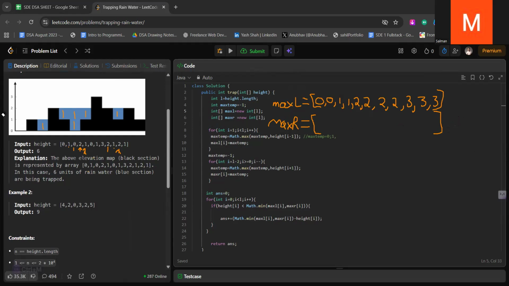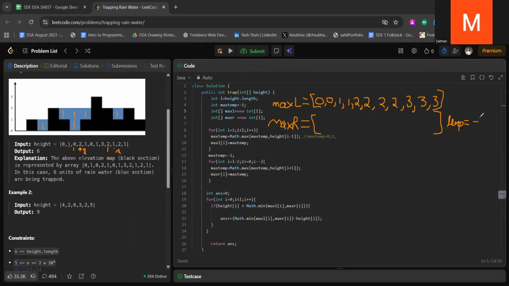And this variable temp, I use this variable for both of the arrays. I declared this temp with -1 initially in both the arrays.